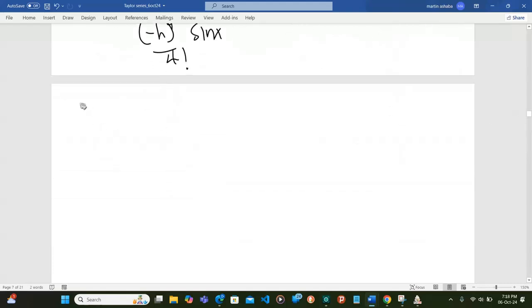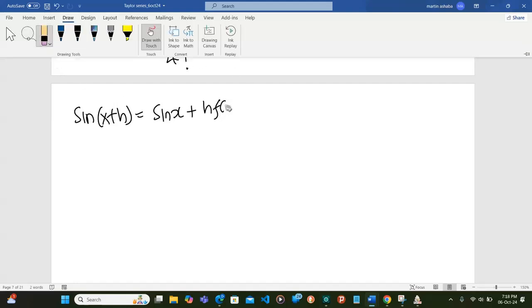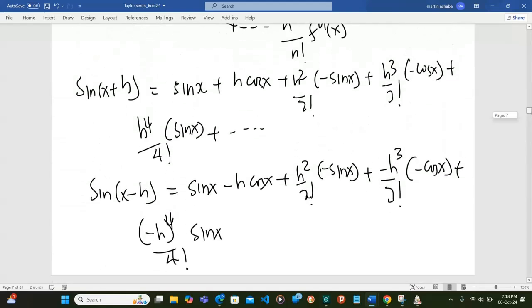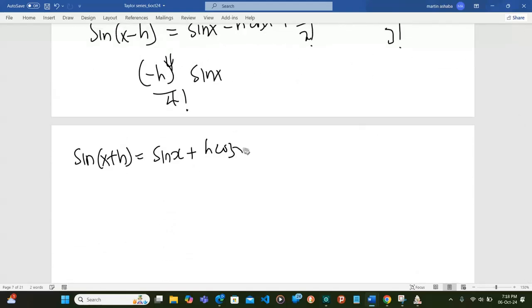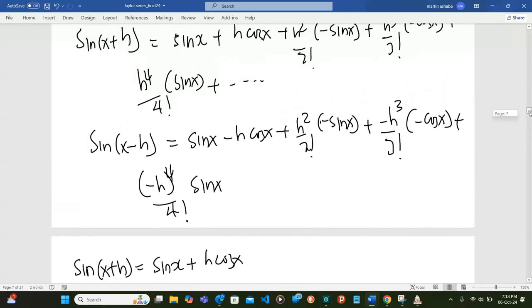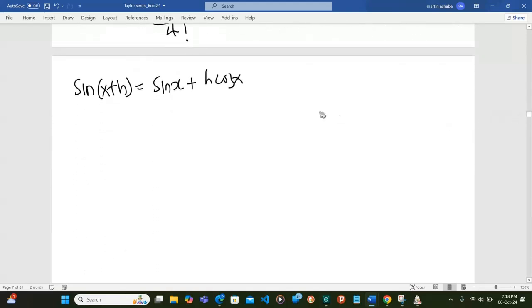Now I can rewrite sine of x plus h. Let me just copy what is up there. We said that is sine x plus h cos x, then minus h squared out of 2 factorial sine x.